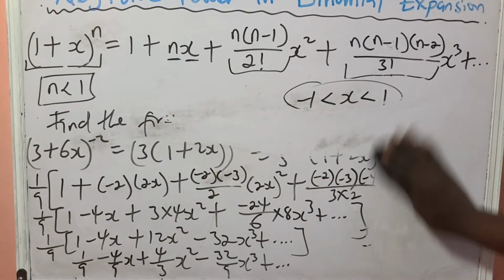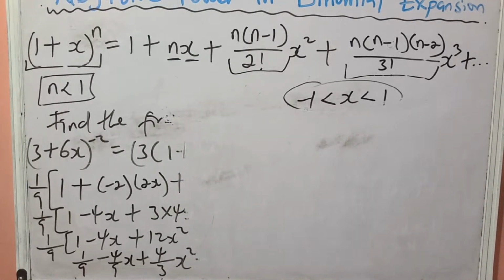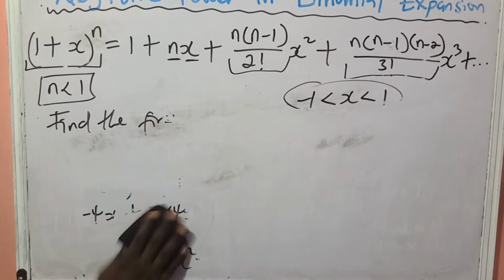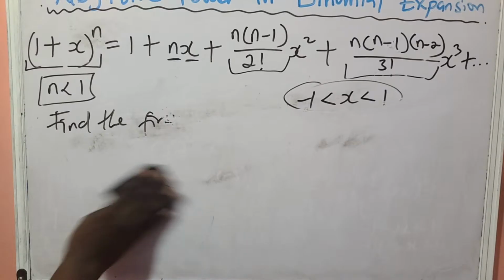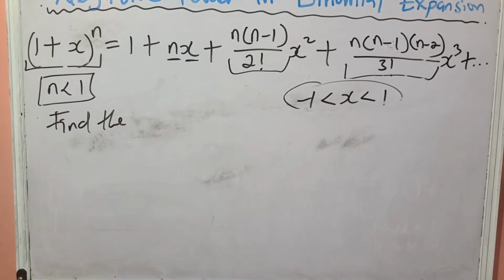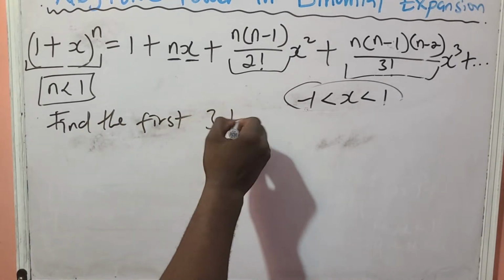So this is how you solve binomial expansion with negative power. Quite very simple and straightforward. So I want to give you one last question, then you would have your own questions to solve. In this case, we are solving for just the first 3 terms.